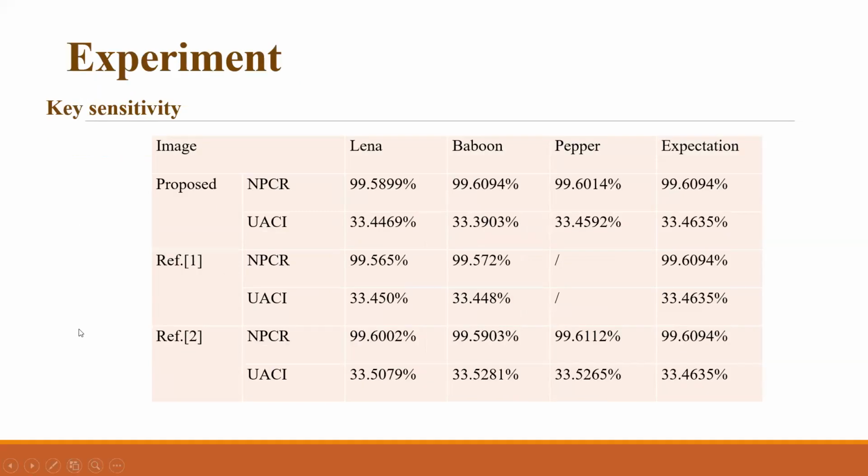In image encryption, there are often cases where the difference between two images cannot be observed by the naked eye. The two values NPCR and UACI are generally used to quantify the difference between images.